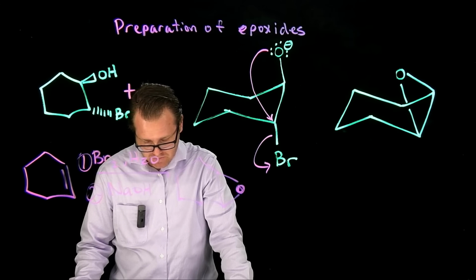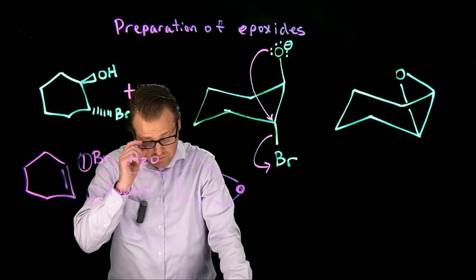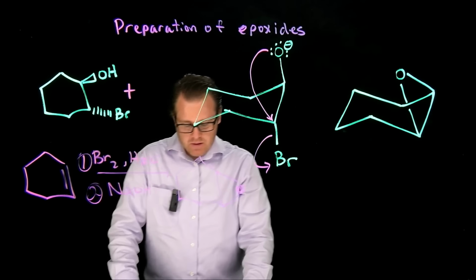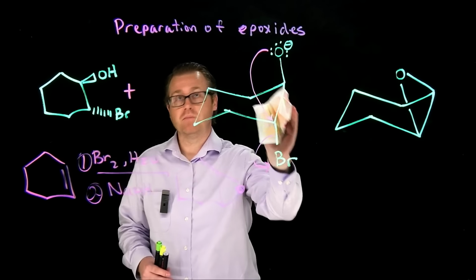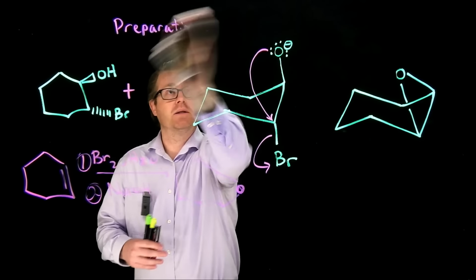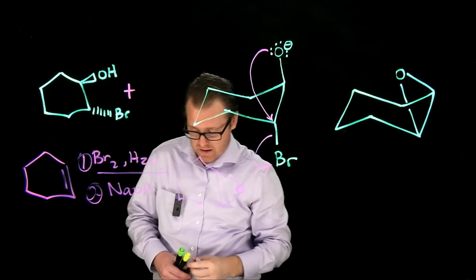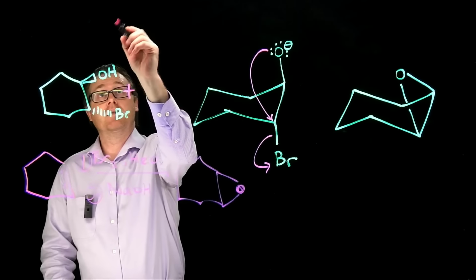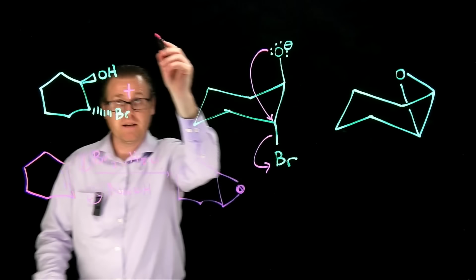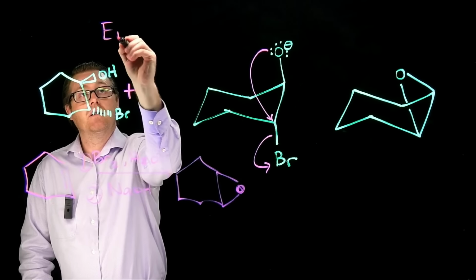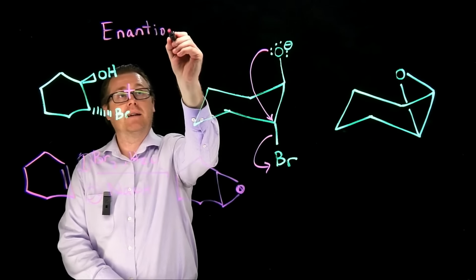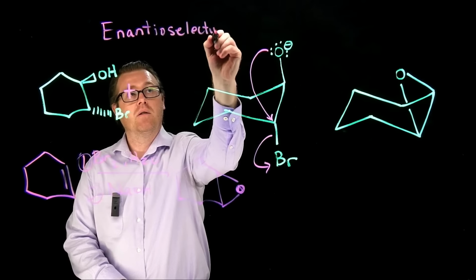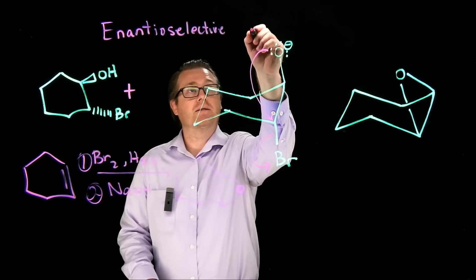Let's see here. Now, something that I want you to be aware of is this concept called enantioselective epoxidation. So we have enantioselective epoxidation.